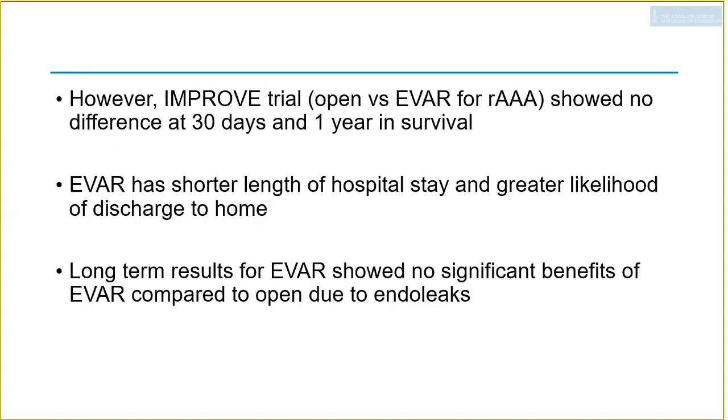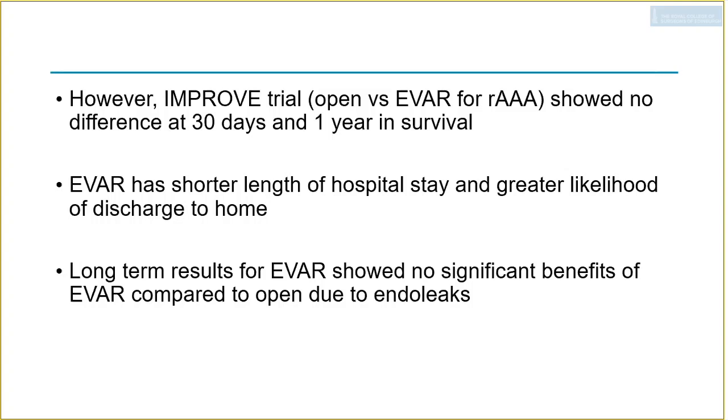However, even though EVAR is less invasive, less onerous, there's a ruptured aneurysm randomized control trial in the UK which showed that at 30 days and 1 year, there's no difference in survival. And most people feel that this is because of the risk of abdominal compartment syndrome in patients who had EVAR. But EVAR does confer some advantages.